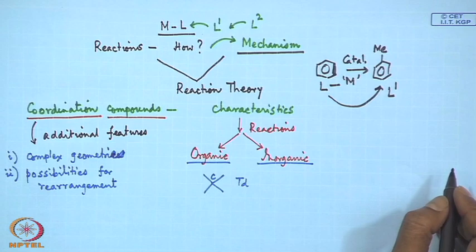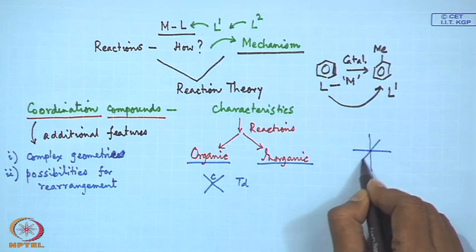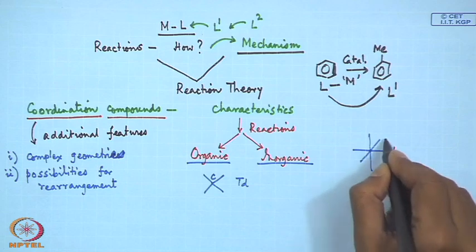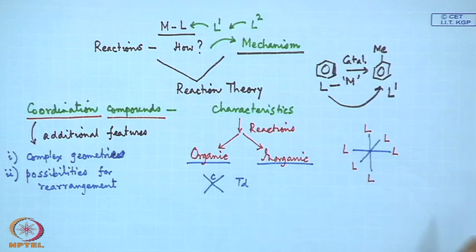Since this feature is much more complex, in the case of an octahedral complex we can have, say, ligand 1, ligand 2, ligand 3, ligand 4, ligand 5 and ligand 6.